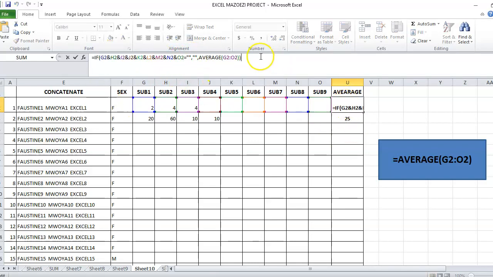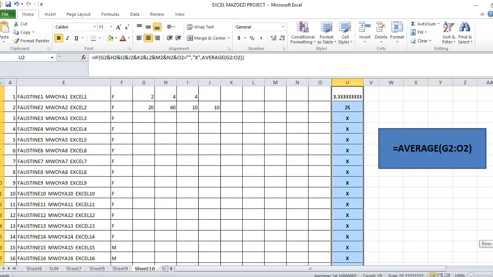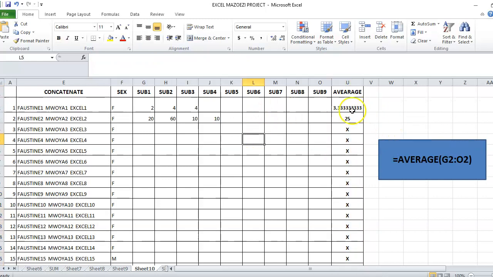If all these cells have nothing, let's say instead of leaving space, say X. So if all these cells have no data, put X. Otherwise, it means there is data, take the average. Can you see this one? As you can see here, this is how you can modify the average formula.